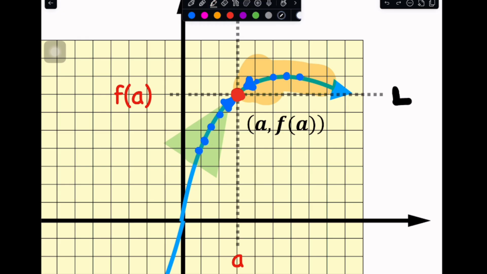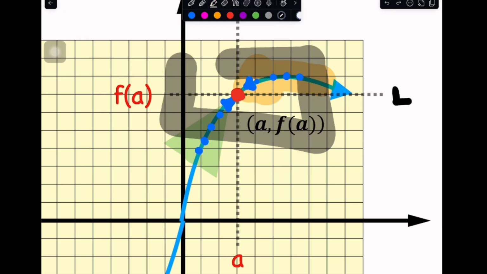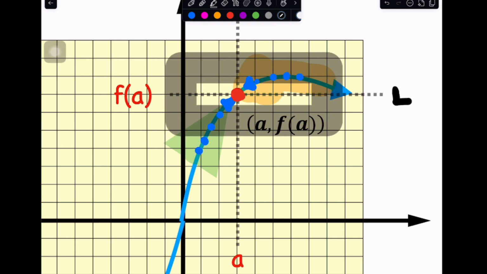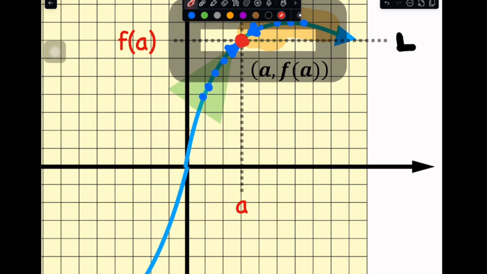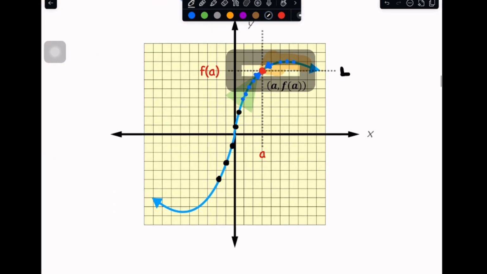To be continuous everywhere means the same idea is happening for every single point on that curve. It's happening here, here, here, here. You change the A value, and that picture is happening everywhere on the curve.